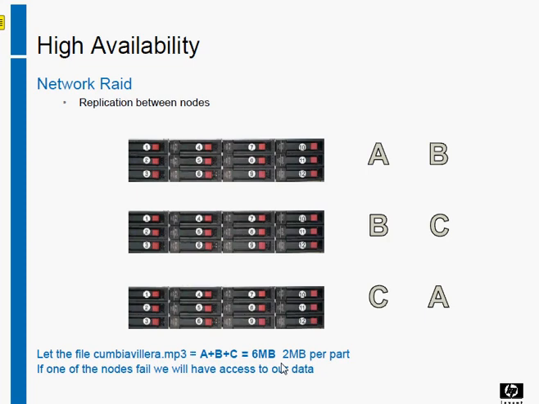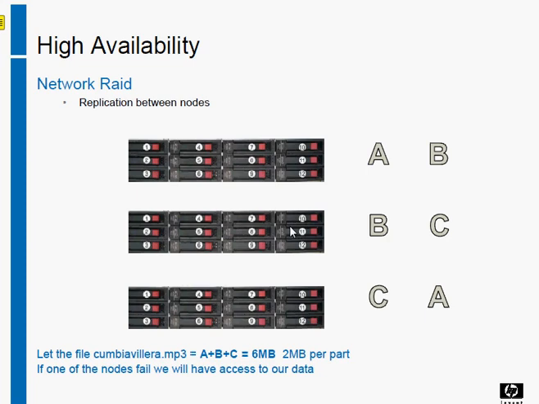Each of these parts is going to be roughly 2 megabytes, A, B, and C. The way the algorithm works, having 3 nodes as such, we're going to separate the data in this way: A, B, C, and then B, C, A.